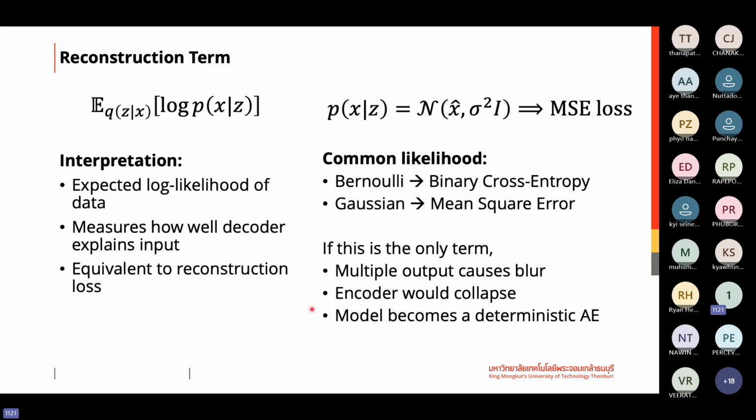Okay, but Gaussian would cause blur, right? And if we use it only, it would be blur. AE also produces blur. If we use this term only, you get AE. The same thing. Because essentially you are doing optimization based on only data, and the encoder wouldn't be able to capture distribution similarity.